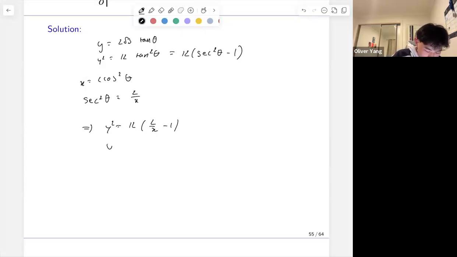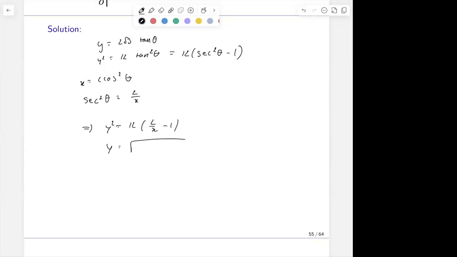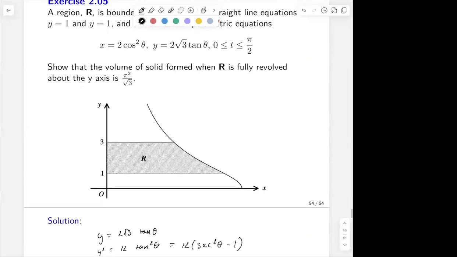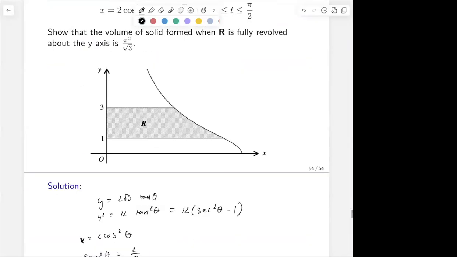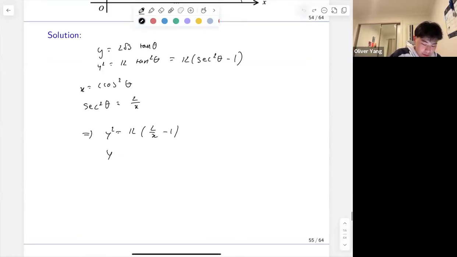Wouldn't it be better to solve for x in terms of y? We can do that, because we can just rearrange, right? Shouldn't be too bad. Y squared, what do we want to do first? Divide by 12, right?